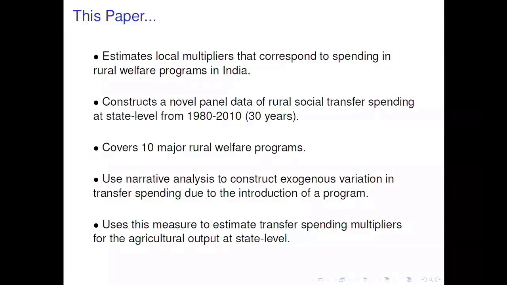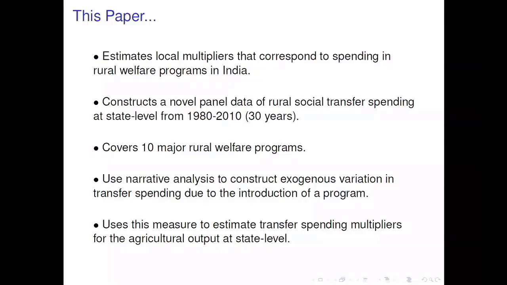We construct a novel panel data of rural social transfer spending at the state level from 1980 to 2010. It spans 30 years. And we take 10 major rural development programs or welfare programs between these 30 years.